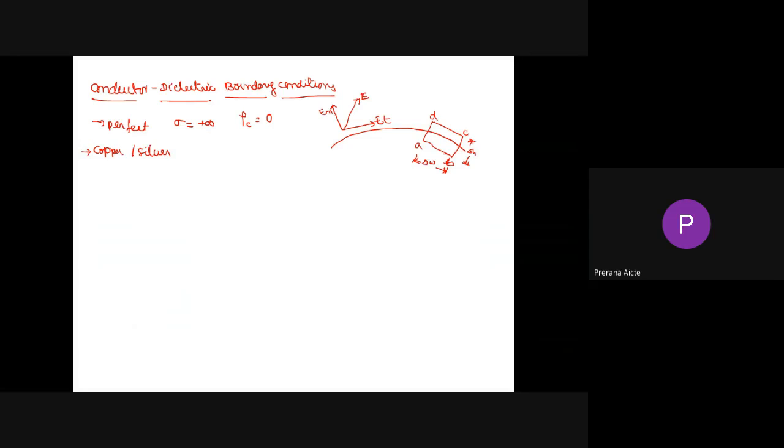Now, to determine the boundary conditions for a conductor dielectric interface, whatever procedure we used to find the boundary conditions of dielectric and dielectric, the same procedure we can use for conductor dielectric boundary conditions also.